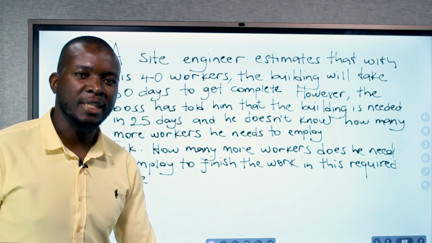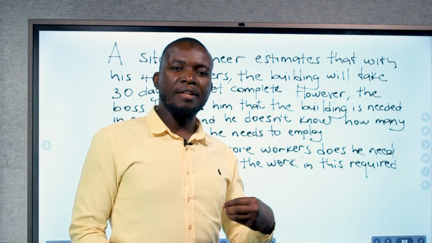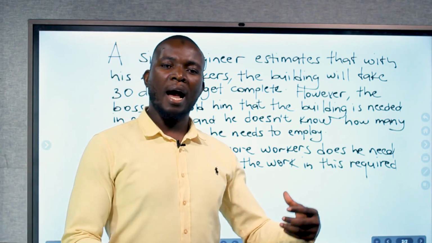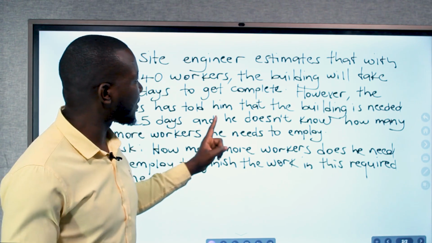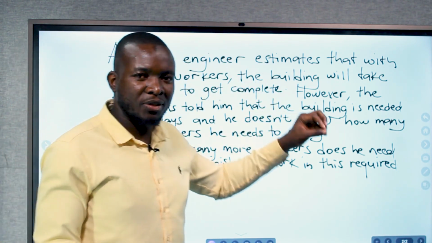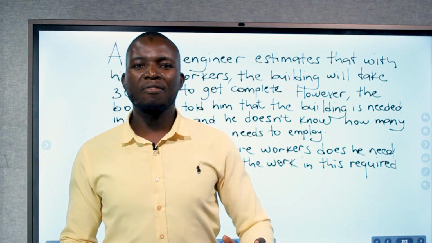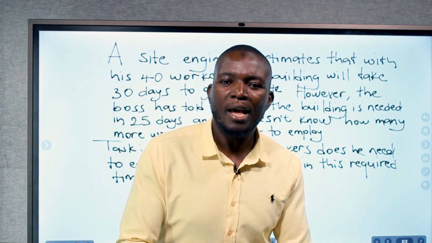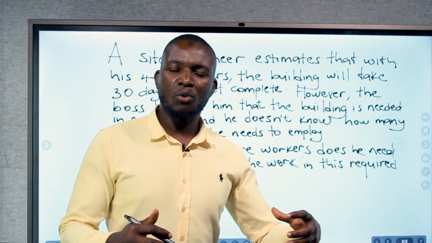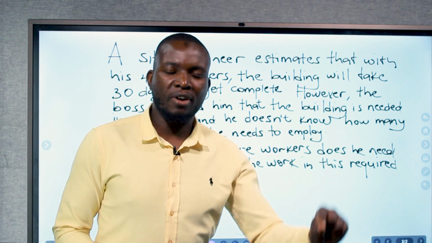Now look here, we said you have to begin with identifying the variables and then the values. For this case, our variables, those values that keep on changing, are the number of workers and the number of days these workers are going to take to complete the work. So those are the ones that we're going to define, okay?